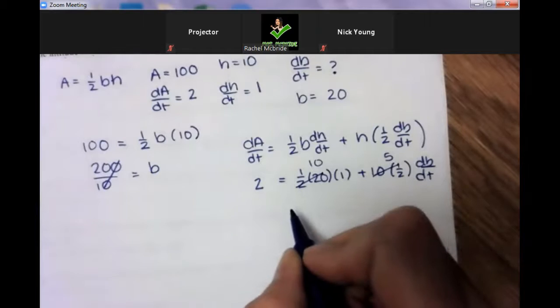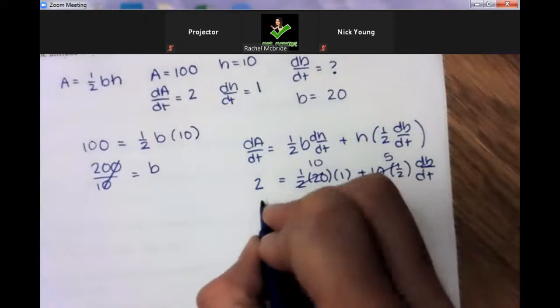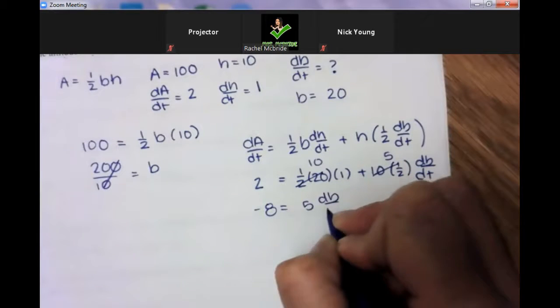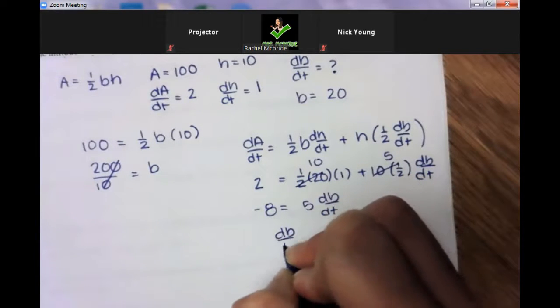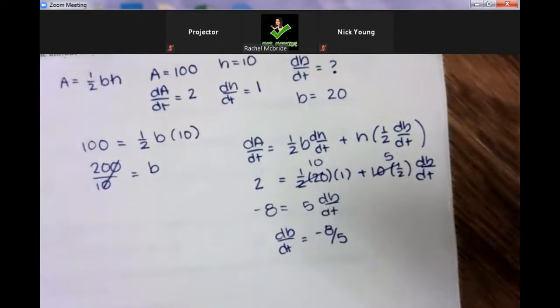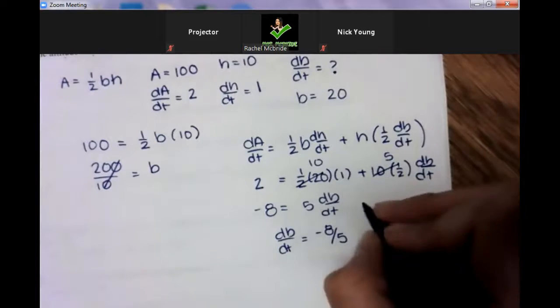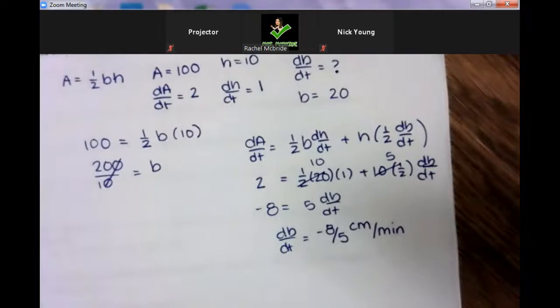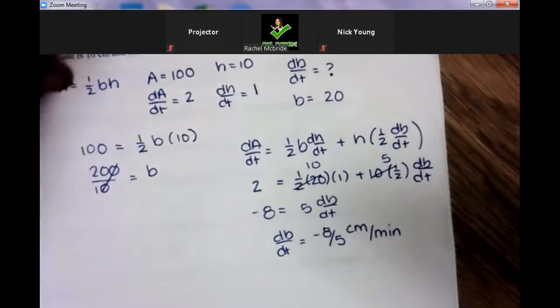So you subtract over your 2 and your 10, and you get negative 8 equals 5 dB/dt, or dB/dt equals negative 8/5. And our units are centimeters per minute. So what that means is as the triangle is getting taller, the base is getting smaller. So the base is shrinking at a rate of 8/5 centimeters per minute.